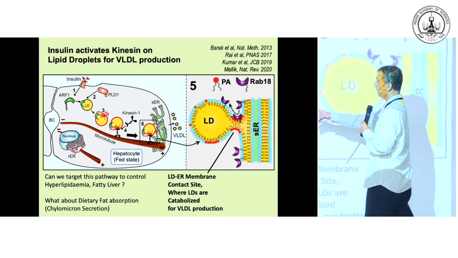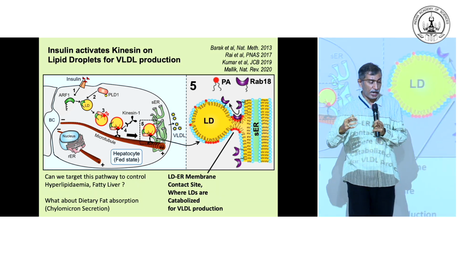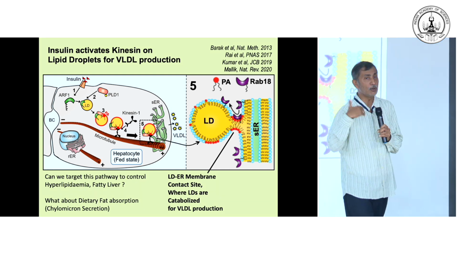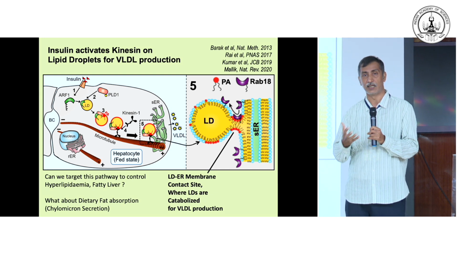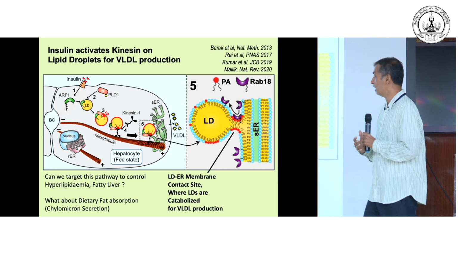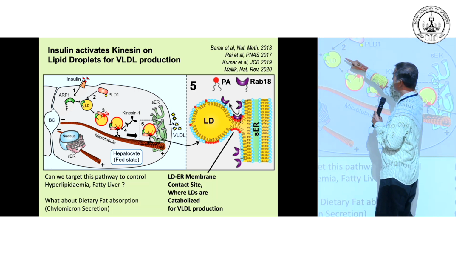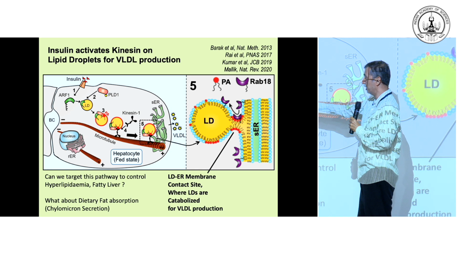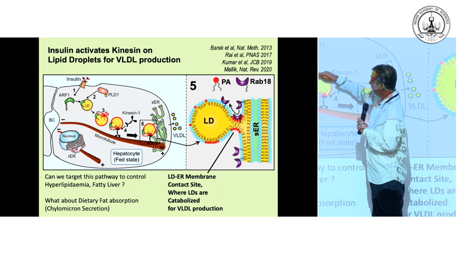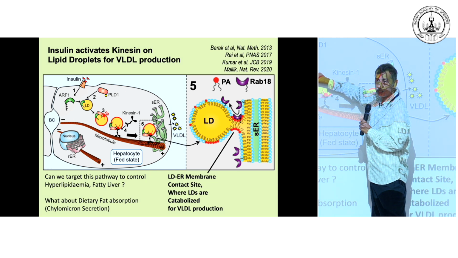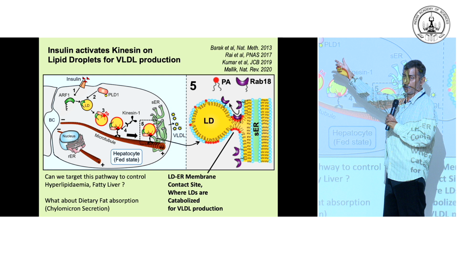And inside the liver, what is happening is that when your insulin levels are high in your body, that means when you have nicely eaten and your insulin levels are high, then this insulin activates a cascade of proteins, which I won't go into right now. And one of those proteins takes the phospholipid on the surface of this lipid droplet and converts it into a different phospholipid.